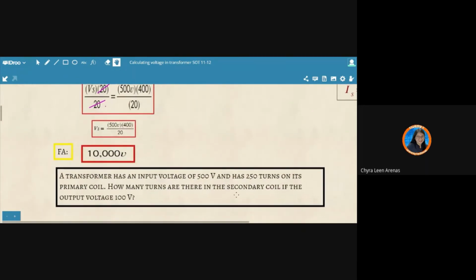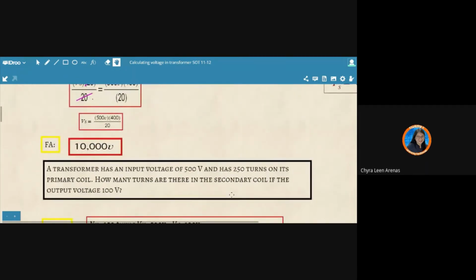Our second problem is: a transformer has an input voltage of 500 V or 500 voltage and has 250 turns on its primary coil. How many turns are there in the secondary coil if the output voltage is 100 volts?